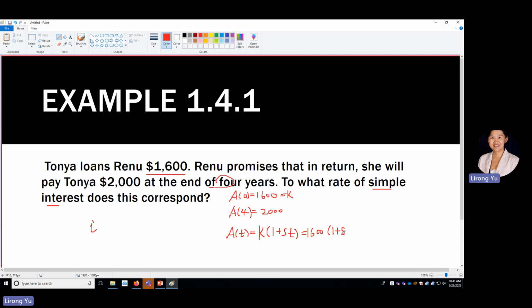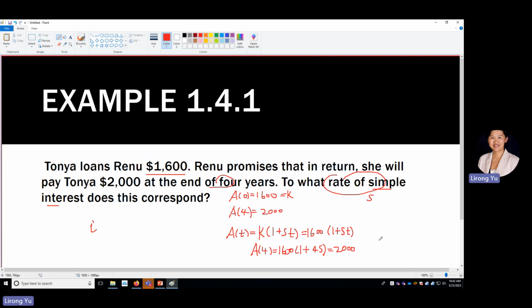I think that s is the interest rate; we're trying to calculate the rate of interest. All right, and then we can apply A_4. A_4 is equal to 1,600 times (1 plus s times 4), or we can just do 4s, and this is equal to 2,000.